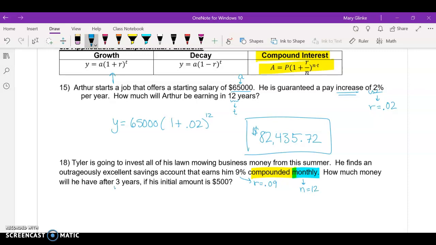We are looking for after 3 years, which is your time, how much he's going to have if he invests all 500 of his initial amount. Now in our compound interest formula, our initial amount is our p-value. So we're looking for A equals 500, parentheses 1 plus your rate, which is 0.09, divided by n, which is 12, to the n, which is 12, times 3.